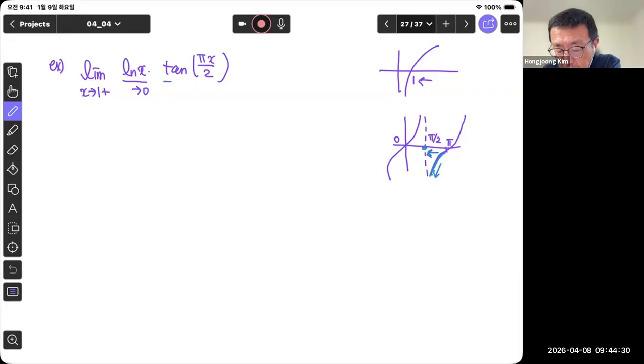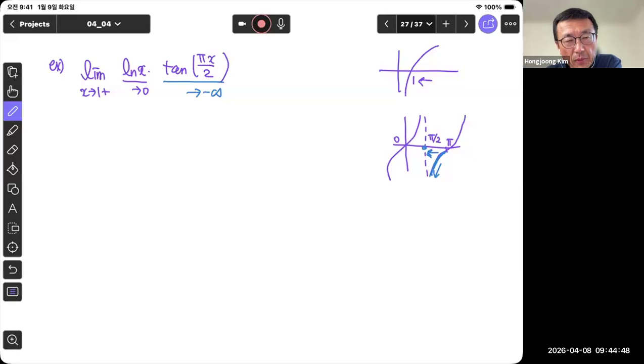So the second term diverges to negative infinity. Now I have a product of two functions, and one converges to 0 while the other diverges to negative infinity. So you can apply L'Hopital's rule.